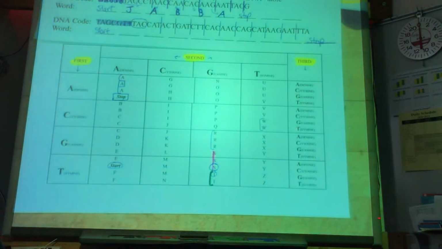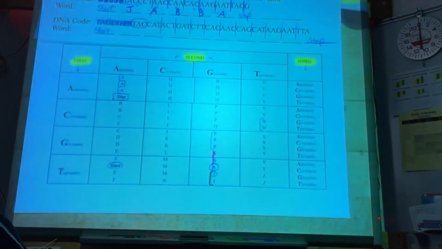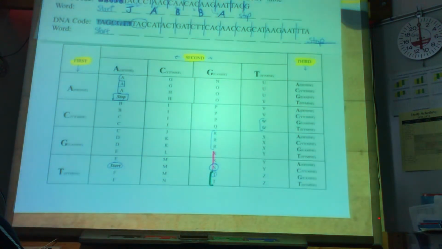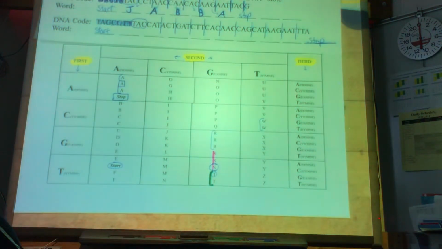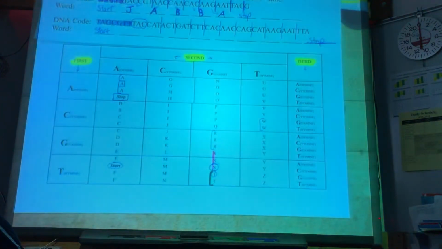So what's the next three letters spelled? You gotta start, what's CAT code? Oh. So TAC was that start, right? So what's CAT code? Well, specifically though, which one, right? So C, A, and then T is specifically that one, right?